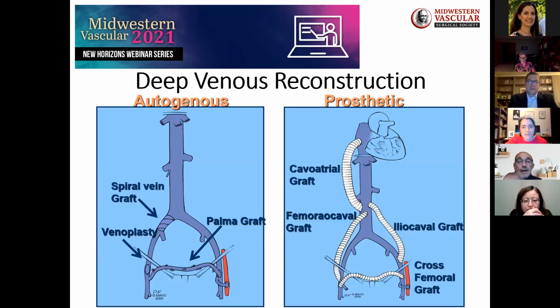So this illustration shows the use of a spiral vein graft for a short segment of common iliac vein that needed replacement, as well as a venoplasty after opening up the femoral vein and performing an endovenectomy, followed by a cross-pubic vein bypass graft using the saphenous vein, and due to the multiple areas of vein reconstruction, an adjunctive arteriovenous fistula. With use of a prosthetic graft, an iliocaval bypass is best performed using a PTFE graft with an end to side proximal and distal anastomosis.